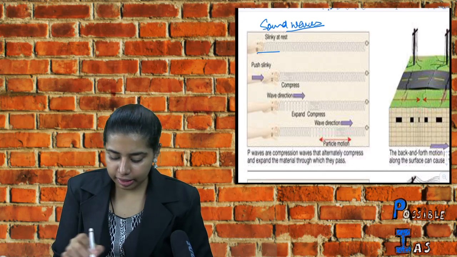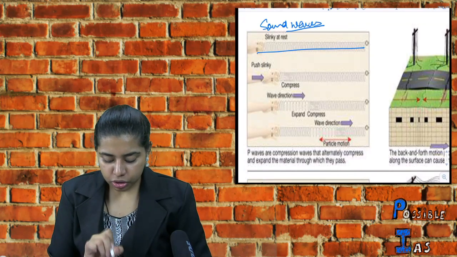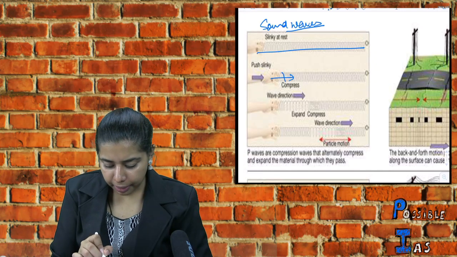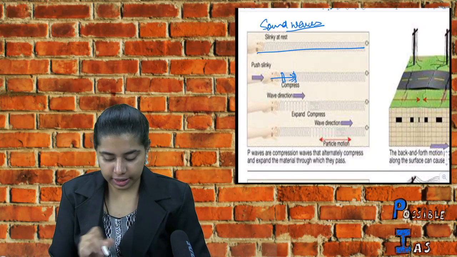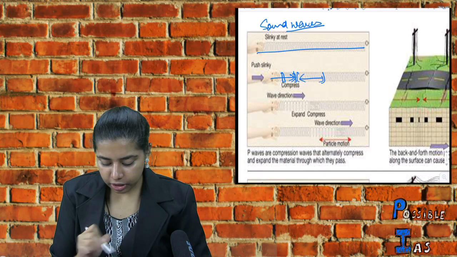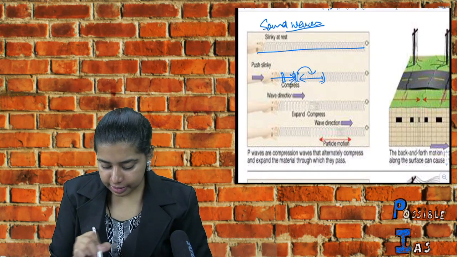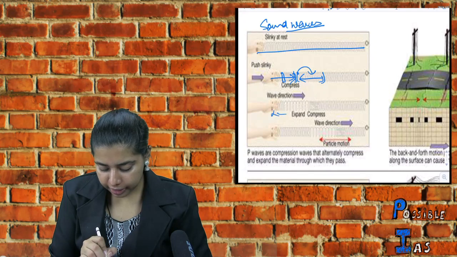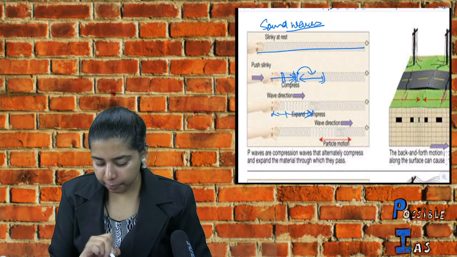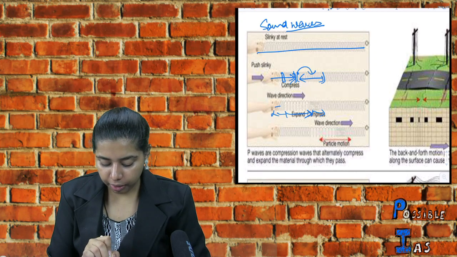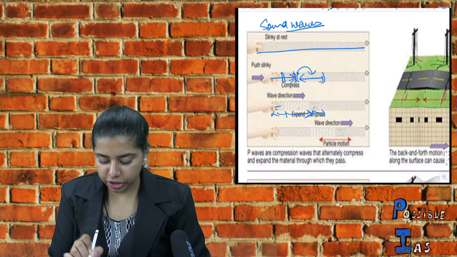So you see in the slinky, initially it is at rest. So what will happen? When you push it, some part will be highly compressed and some part will be expanded. This part will compress this part, and then this part becomes normal and this part expands and this part compresses. So that is how it keeps transferring. Compression, expansion, compression, expansion.